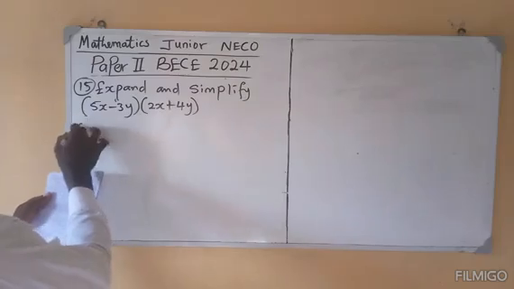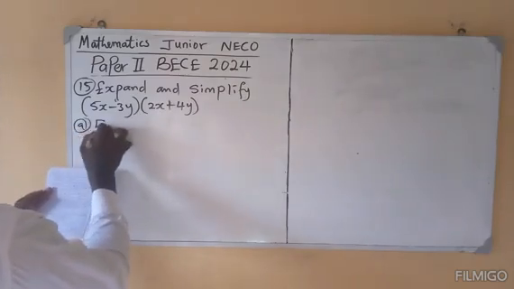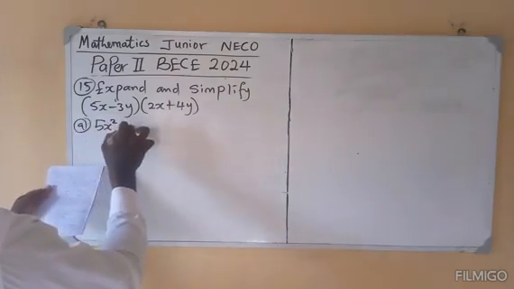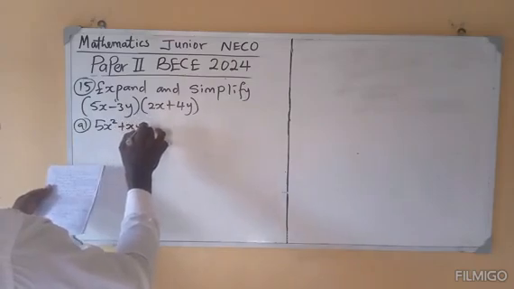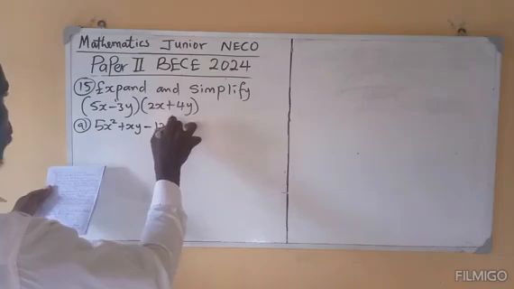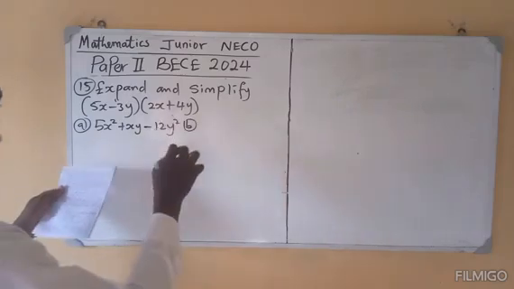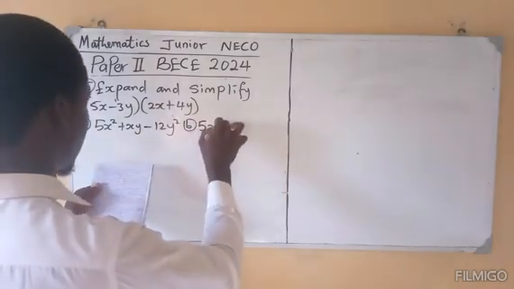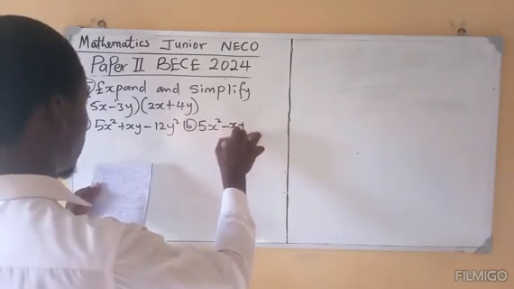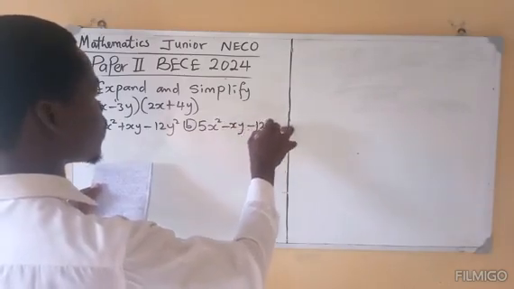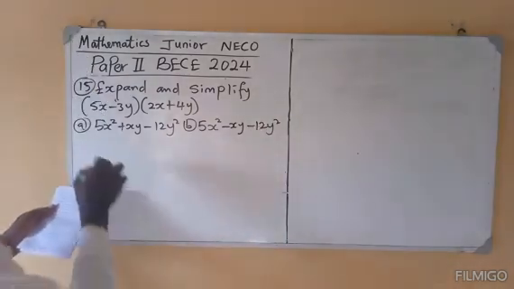The options given to us are: A, 5x squared plus xy minus 12y squared. B, 5x squared minus xy minus 12y squared.